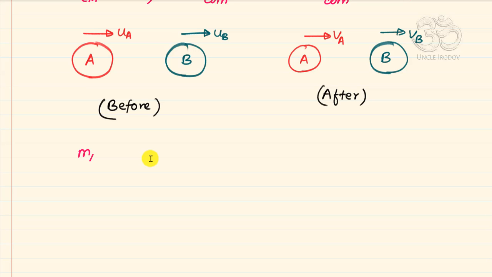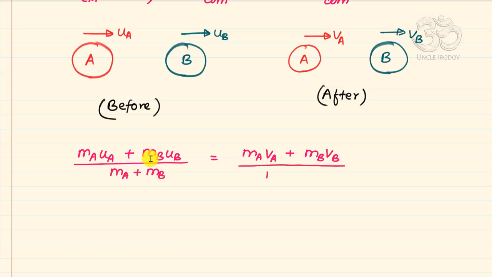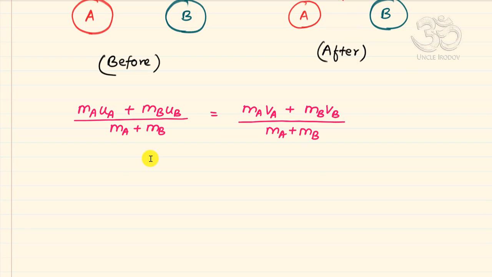I get MA UA plus MB UB divided by MA plus MB is equal to MA VA plus MB VB divided by MA plus MB, and you can cancel that MA plus MB and you will get MA UA plus MB UB is equal to MA VA plus MB VB.